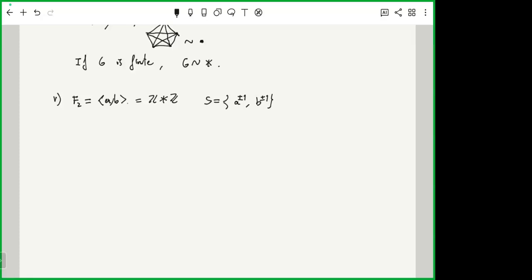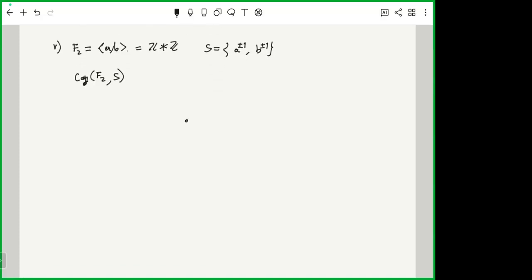So, okay, how can we now think of this Cayley graph? Well, we'll start with a point. Let's say we start with the identity or the empty word. If we start with the identity element, I can multiply by A, and then I will get this.